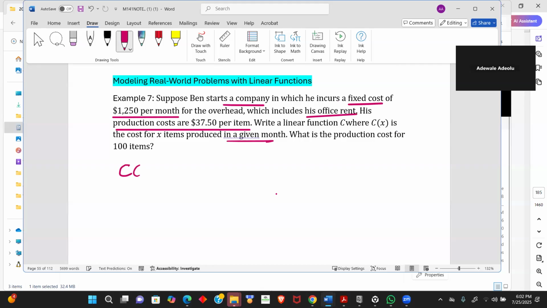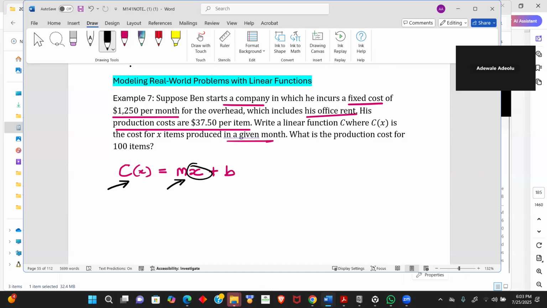Remember, C of x, our output is the cost, our input is the number of items. Do you agree that it will take this form mx plus b? Let us label this part. This is the cost we are looking for. Slope, do we know the slope? That is the question you need to ask yourself.